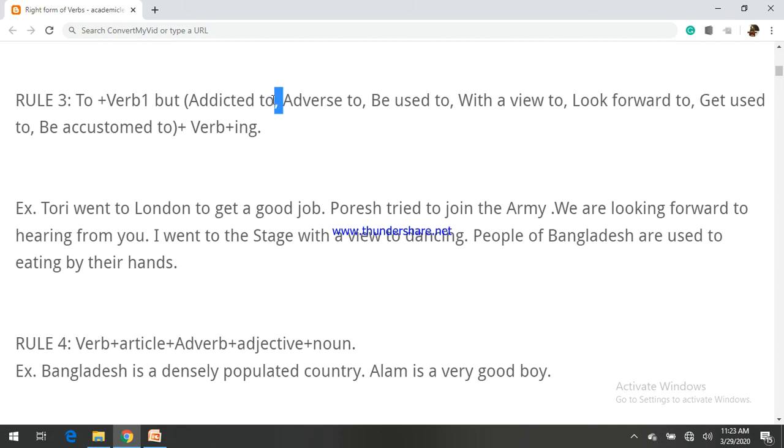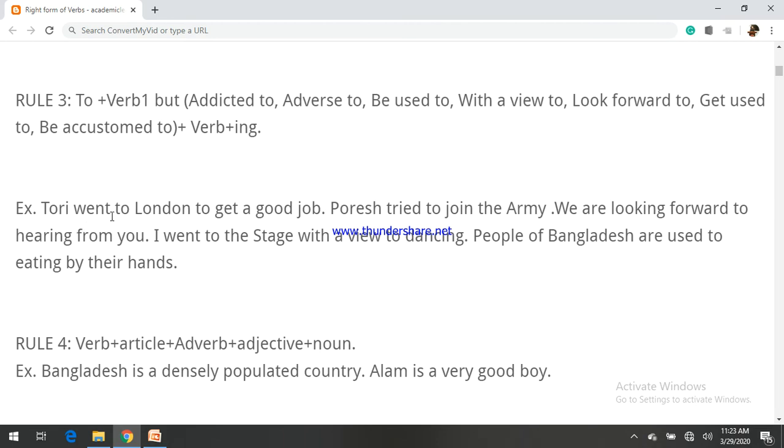Here is to, but this to is fixed with addicted. But in normal sense, this one is normal to. After normal to you have to add verb 1, and after fixed to or phrasal to you have to use verb plus ing.